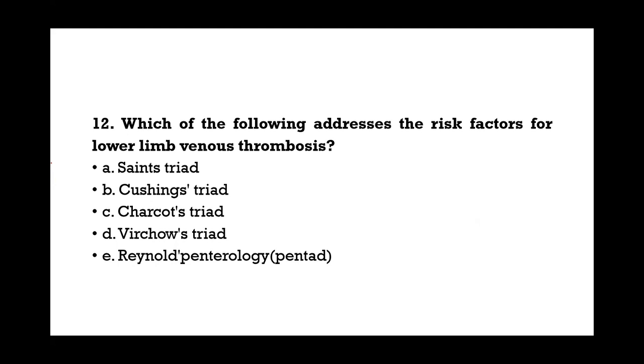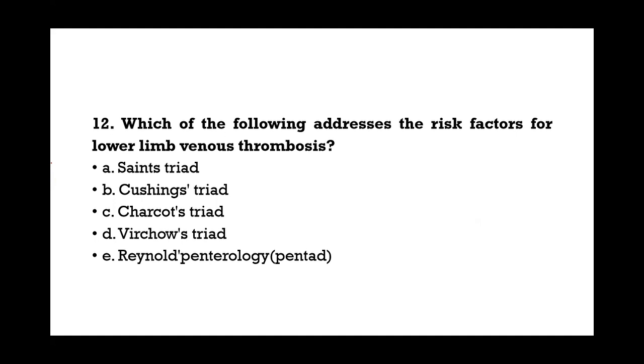Now, it is very important you know all the triads in surgery, because you can see it may feature in an MCQ. Now, I believe you all know the components of all these triads that signify different pathology.